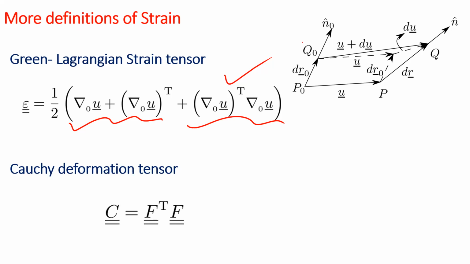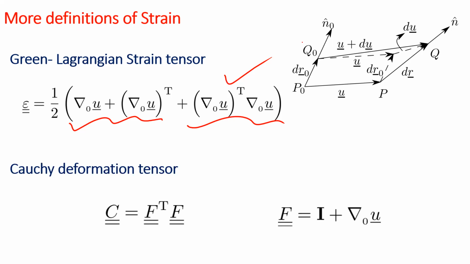All right, so more or less all the strain quantities are defined in terms of the displacement gradient or deformation gradient. With this we will conclude this concept on strains, and in the next class we will continue a little more on the strains, how they can be used to quantify the deformations.